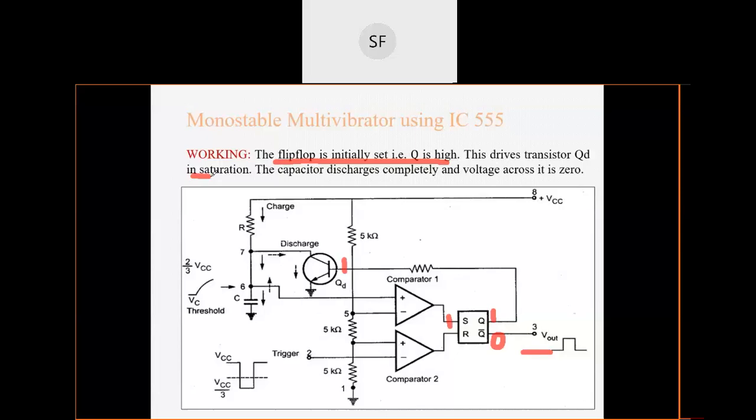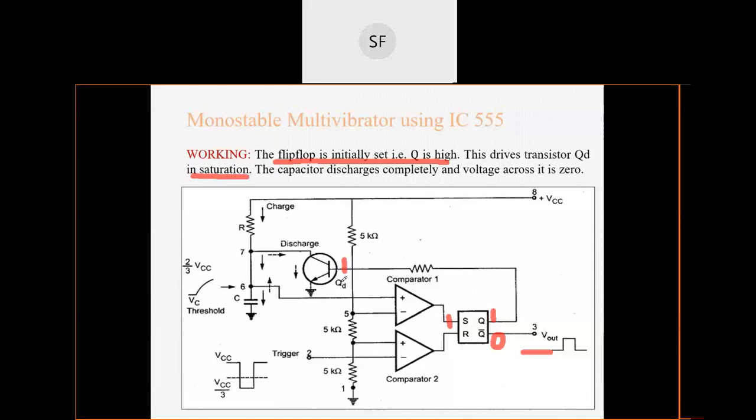Alright. So since Q is equal to 1, this 1 is nothing but high. Again this 1 will apply to the base of this discharge transistor. So since base is high, this transistor will work in saturation.